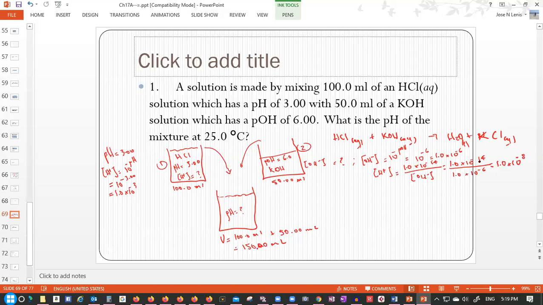And that makes sense because that is a basic solution. But we don't want to know the pH. We just want to know the concentration of H plus. Now we can see the stoichiometry. Oh, hold on. I jumped one of the steps.